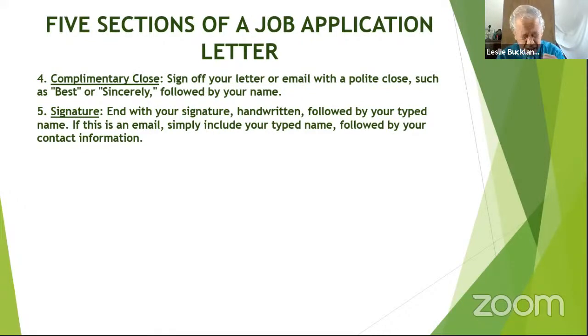If you're just writing a letter by hand, then you put down your signature above your typed name. And if it's an email, you just have your typed name followed by your contact information, such as your address, your email address, your phone number, etc.